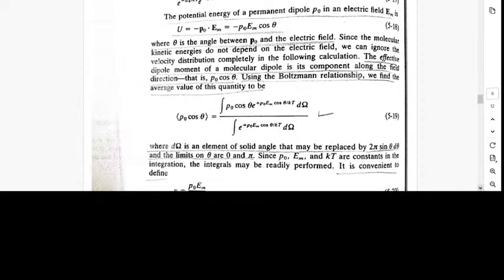Using the Boltzmann relationship, we find the average value of this quantity, p naught cos theta.